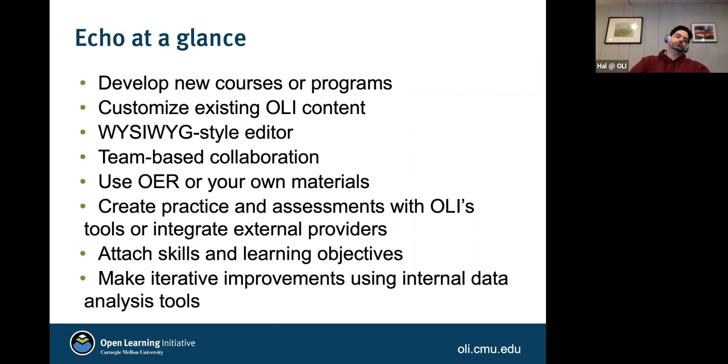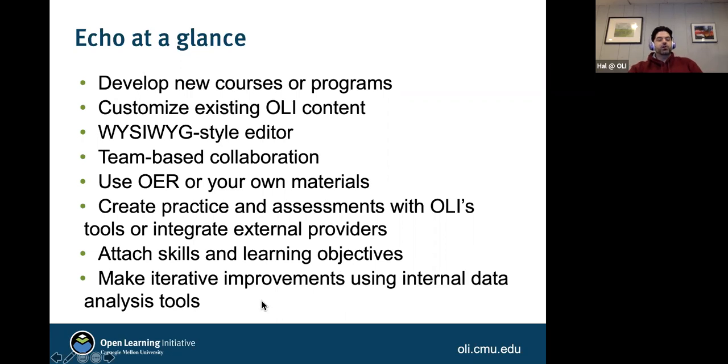It allows you to take advantage of the skill map, which is what makes OLI so effective. We skill tag all of the interactions so that over time you can track which skills and learning objectives the class is successful with, the ones that they're struggling with, or the ones that they are grasping.